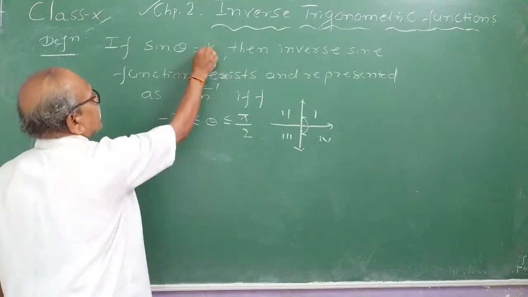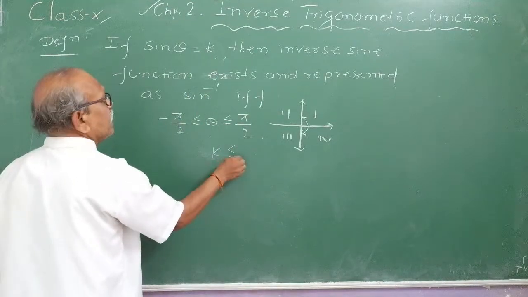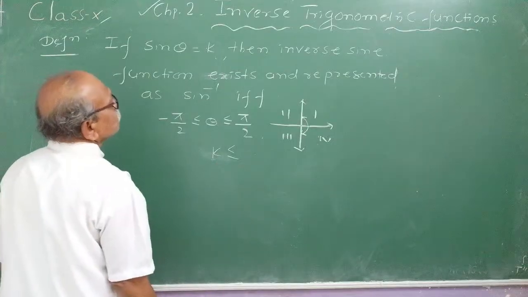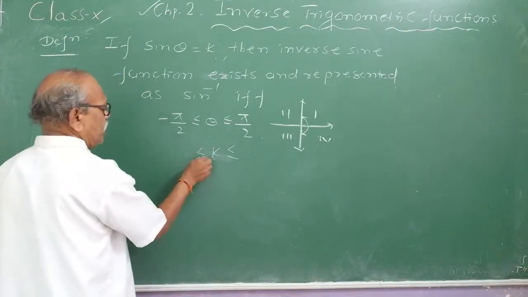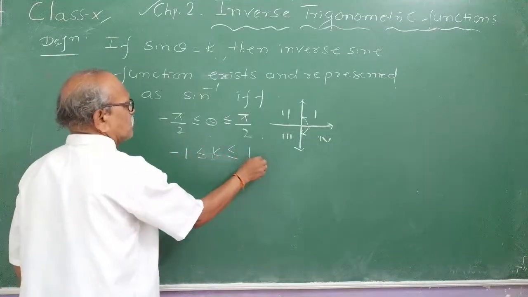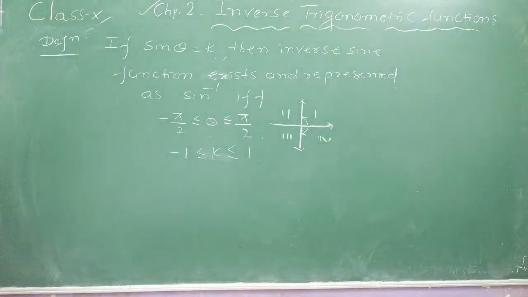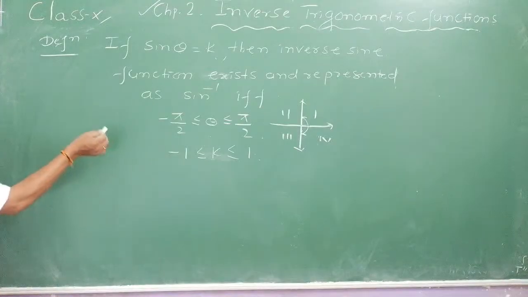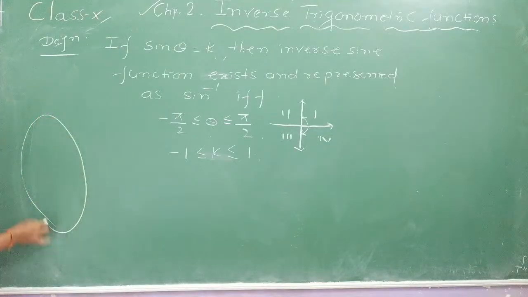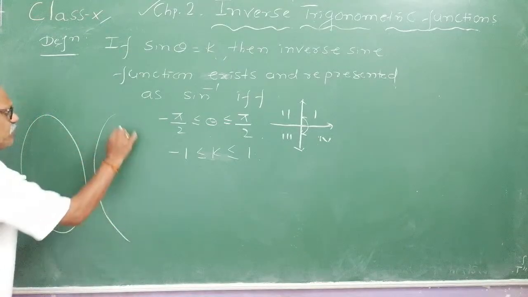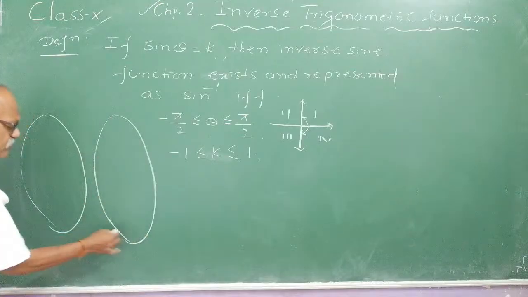Or even you can take the value of k lie between minus 1 and plus 1 is the definition of inverse sine function. Now if you check it now, if you take the values between minus pi by 2 to plus pi by 2, let us check. Just if you study one example, you can understand all other examples.